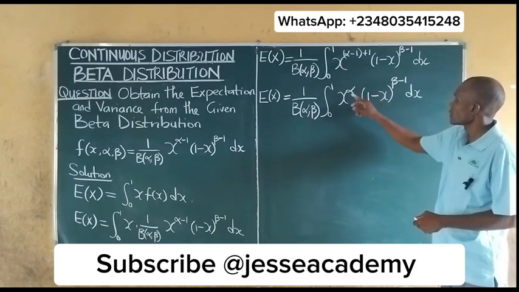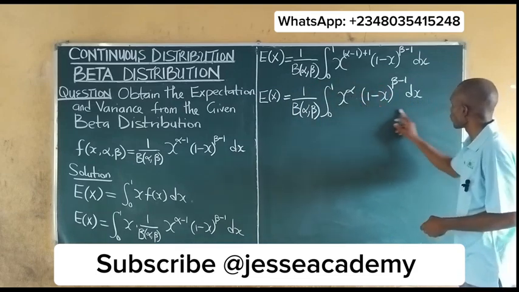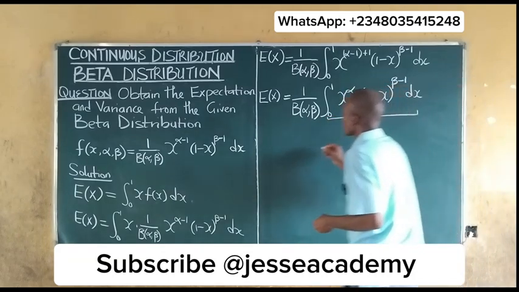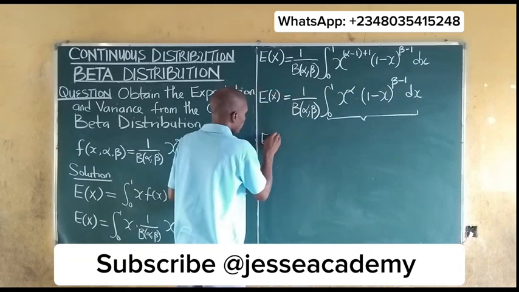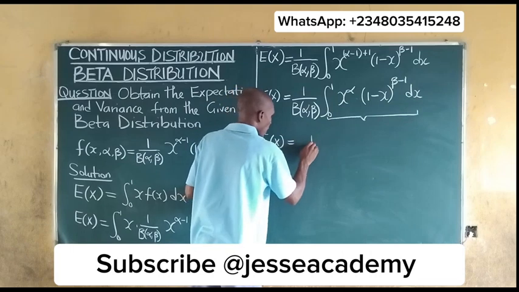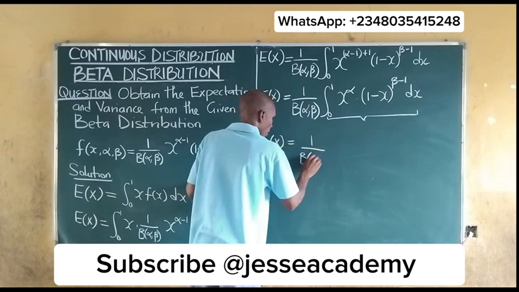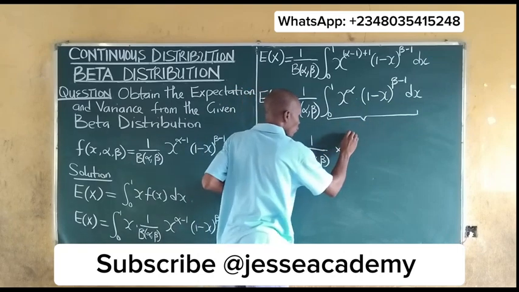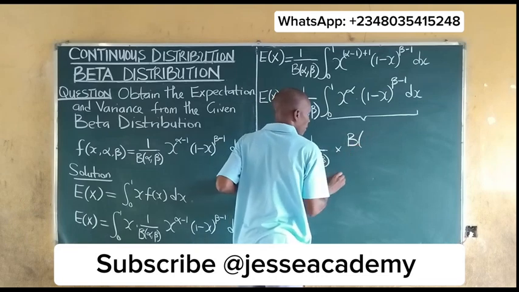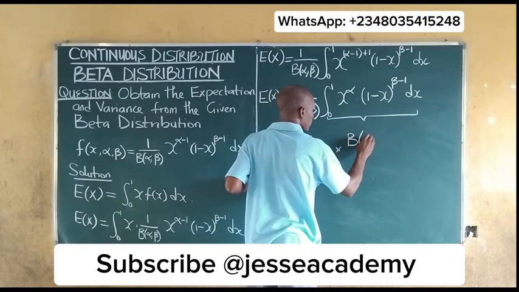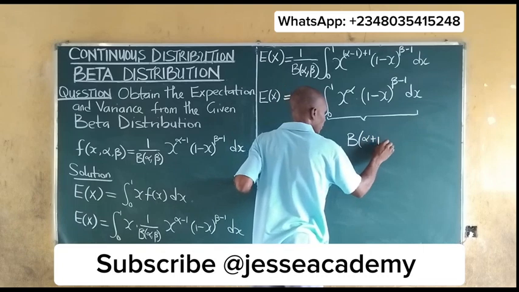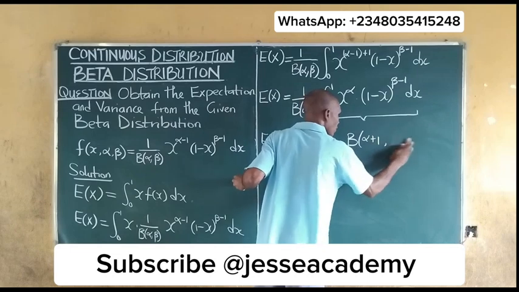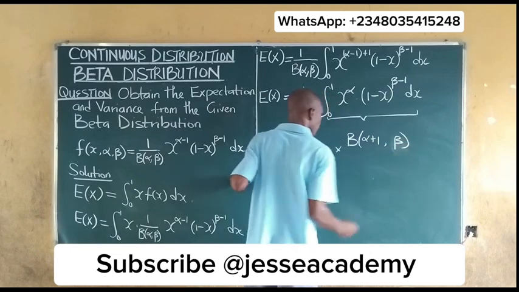So of course, this is gone, we have this. The whole of this function implies the expected value of x is equal to 1 over B(alpha, beta) multiplied by the whole of this function, which will give us our beta function B(alpha plus 1, beta).